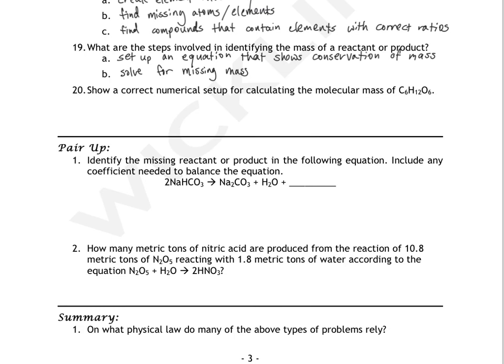Let's do a correct numerical setup for calculating the molecular mass of glucose. So if we're going to calculate the molecular mass of glucose, you simply need to write down the elements, their quantities, and multiply them by their masses. So in the case of carbon, we have a mass of 12, but there are 6 of them.